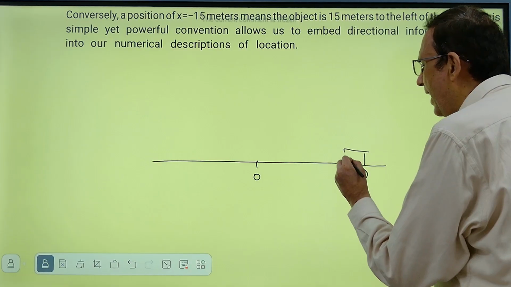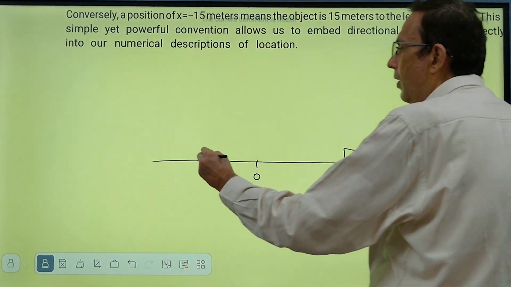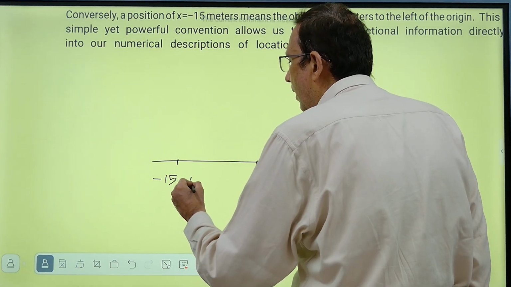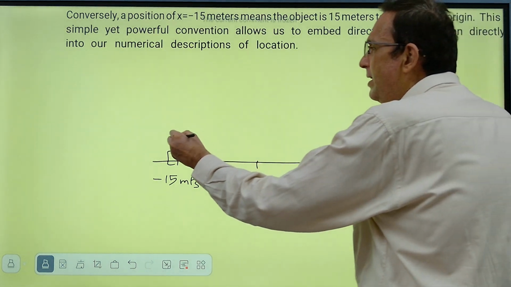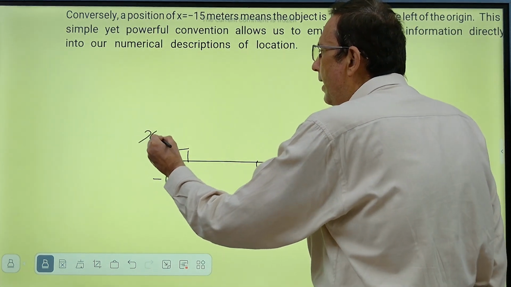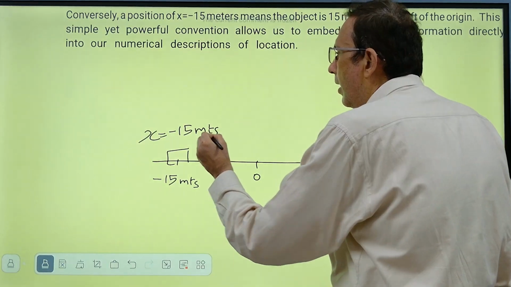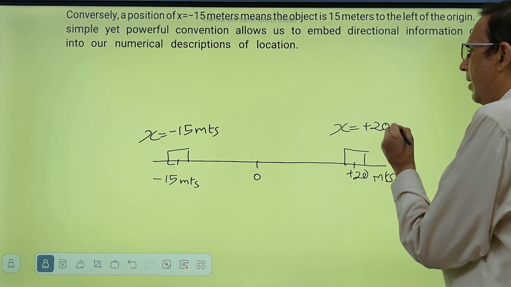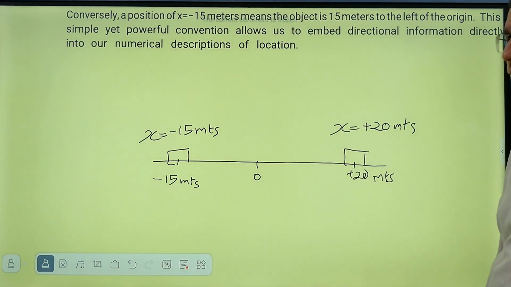So the object is at plus 20 meters here, or the object can be at minus 15 meters here, or it can be anywhere. So this is the position x. So x is equal to minus 15 meters here, and x is equal to plus 20 meters here. So this is how you do it.